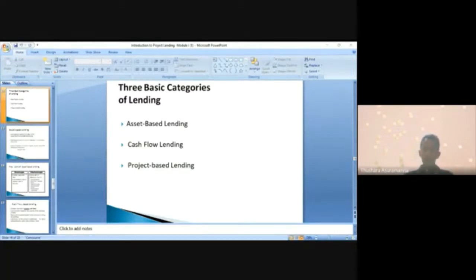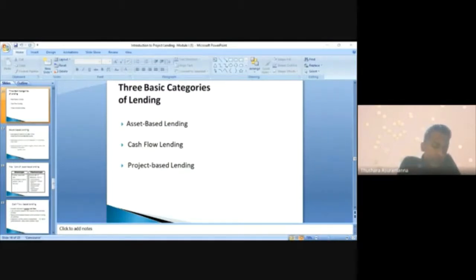That's what we are going to learn as number 2. So here a bit of understanding is required. Now, cash flow based lending has 2 types. One is where you talk about the present cash flow. The other is where you talk about future cash flows.